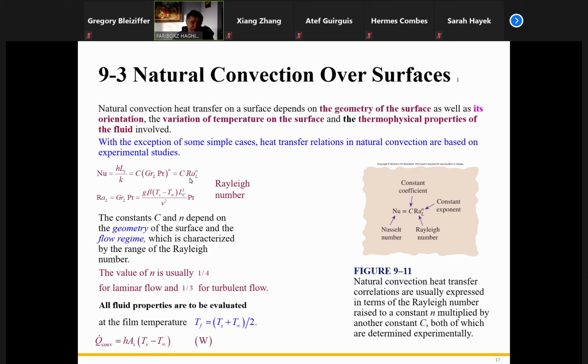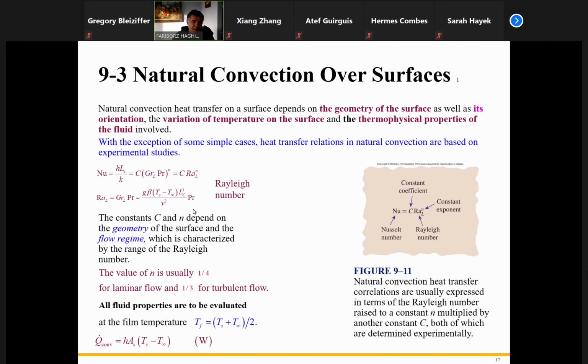As I mentioned, usually they put it because most of the work is done experimentally. We have experimental data, and we're trying to fit those experimental data on an equation like this, okay? That's the experiment.